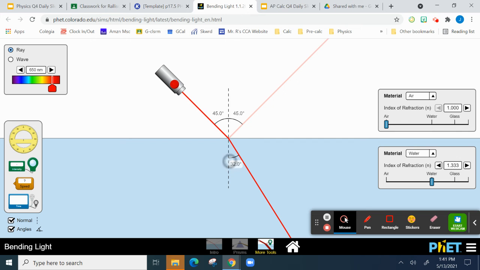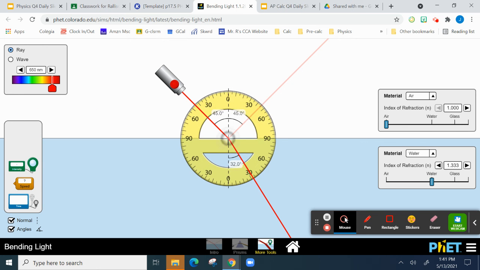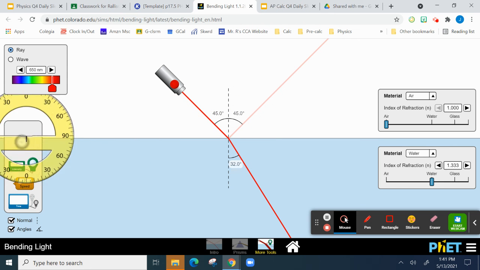We always measure our angles off the normal line, and this is the angle of incidence. This is the angle of refraction, and we have a protractor that we can take out and measure, but we have measurement enabled there for us, so we don't actually need it. We could disable angles, but we'll keep those angles enabled.